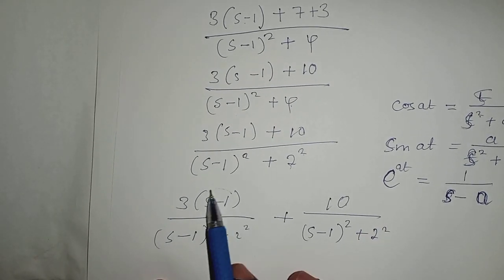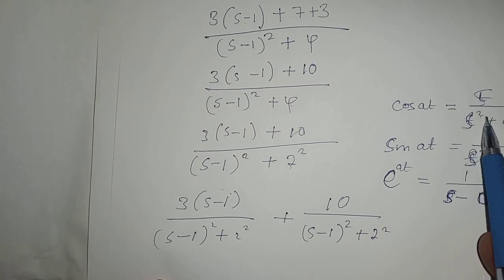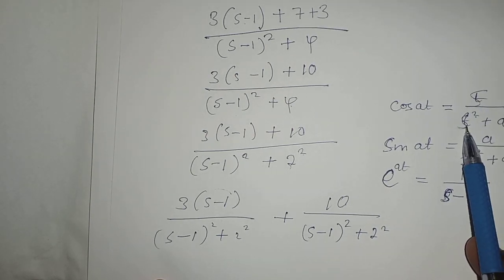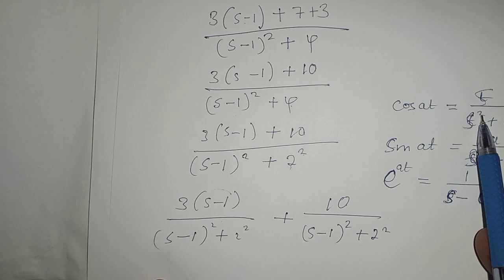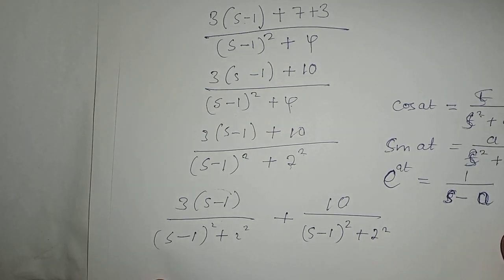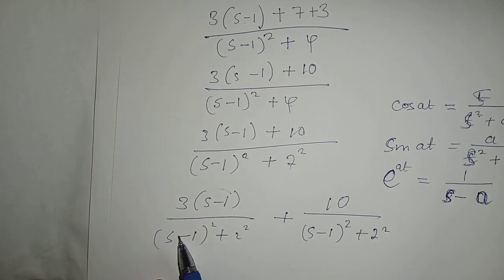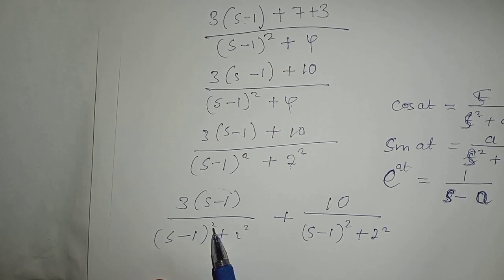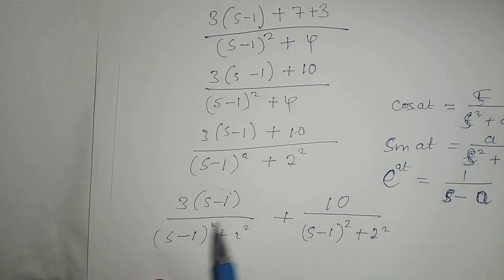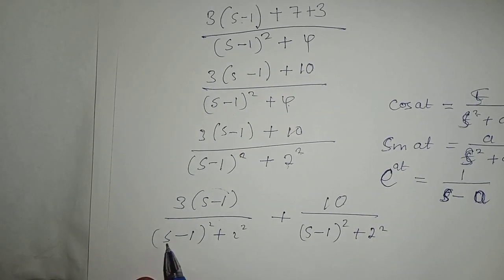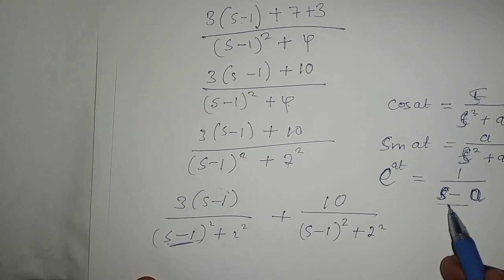So you see, this one looks like this one because what is here and here are a little bit similar. The only difference is that we have power 2 here and we have a constant here. We know that it's cos. We're dealing with cos here. So what is right here is the same as what is here.